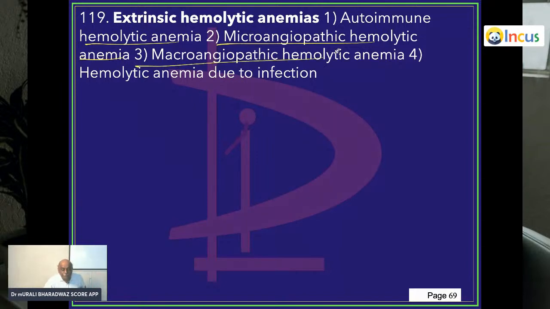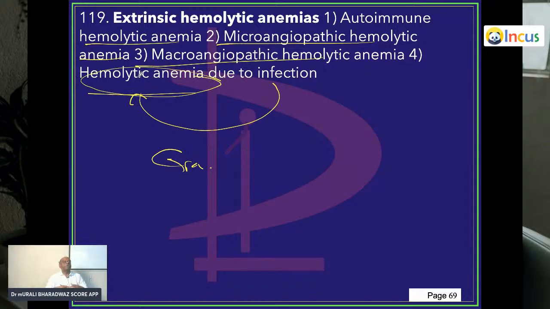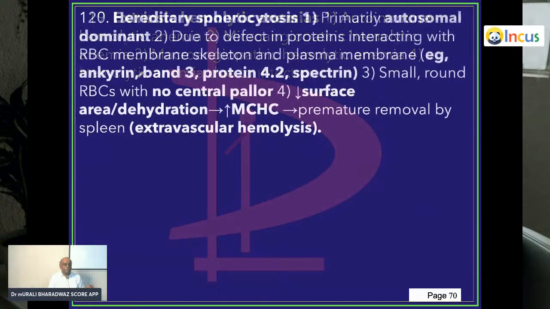Then macroangiopathic hemolytic anemia, prosthetic valve is there, it is passing through the teeth of the prosthetic valve, squeezing through that and it's broken down. That is extrinsic hemolytic anemia. And any infection like a clostridial infection, gram-negative sepsis, they also will destroy the RBCs. The problem is not in the RBC but outside the RBC.